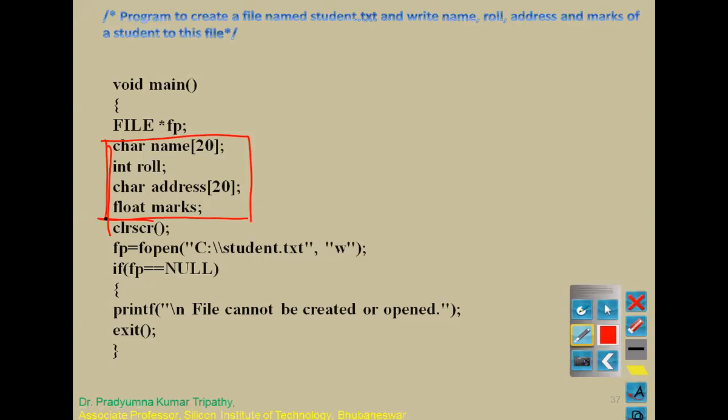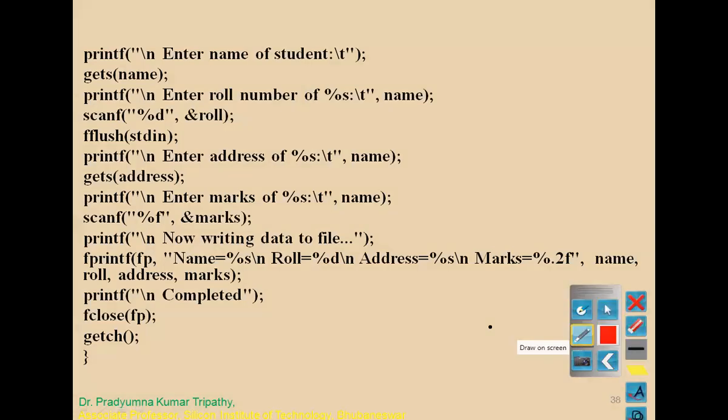Okay, so we go. We open the file now in write mode. Now see over here, I input all these up to this. I have inputted to the memory from the console to the memory.